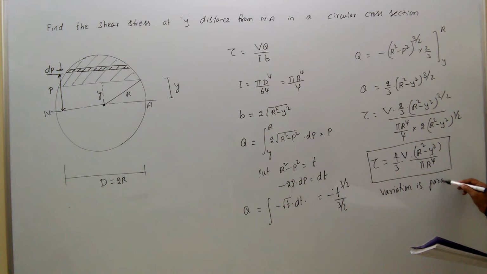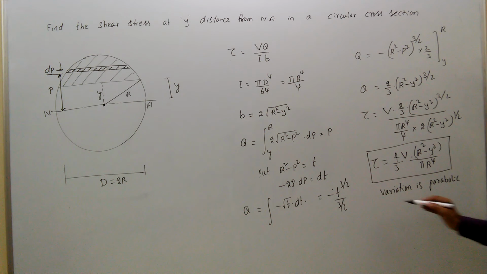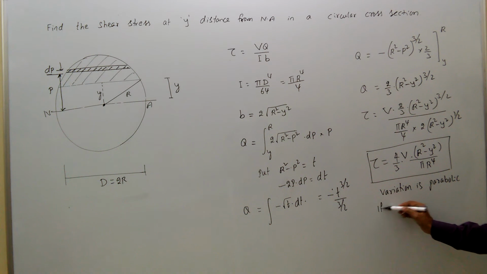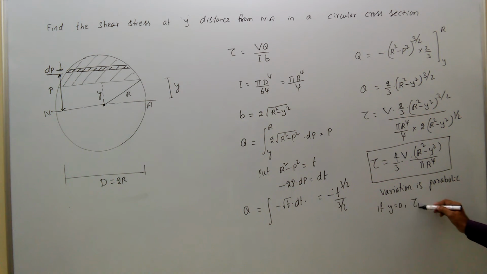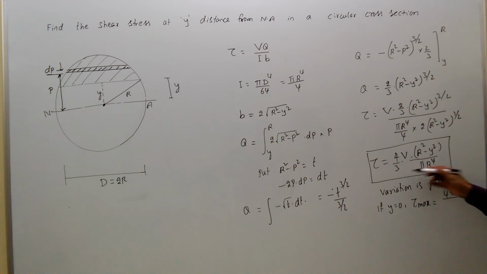Variation is parabolic. If y is 0, shear stress is maximum. If y equals 0, tau max equals, see here, y is 0 means only r square will remain. So 4V by 3 pi r square. We know V by pi r square is tau average.